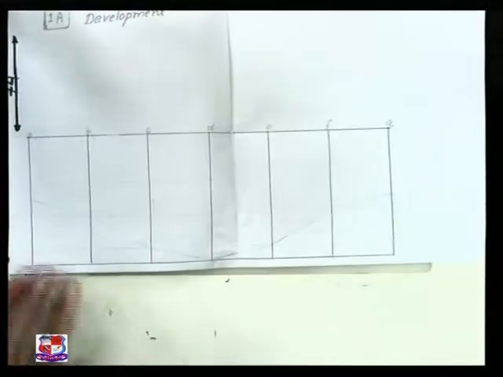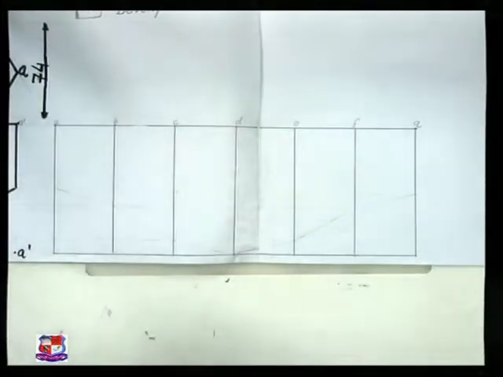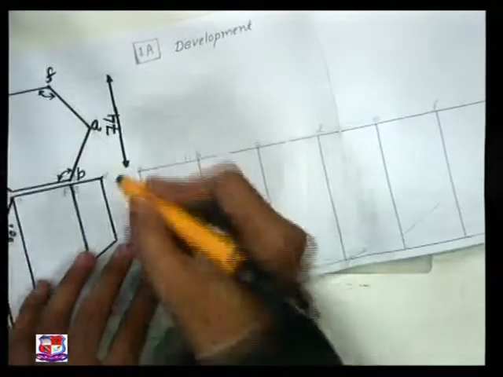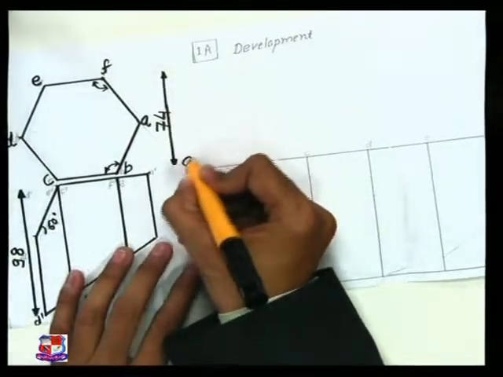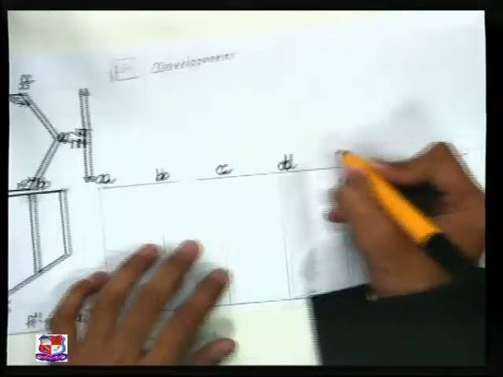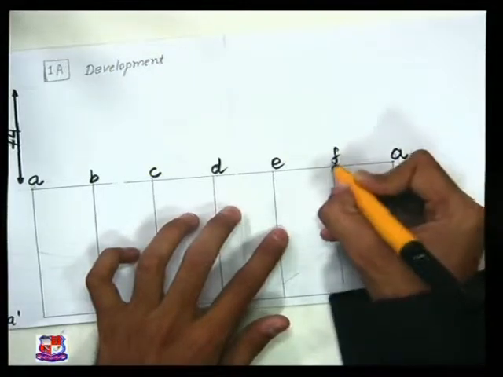So this rectangle represents the development of the given hexagonal prism if it is not cut anywhere. And name the end points. Suppose this is point A, this is point B, C, D, E, F, and back to A. These are the end points.